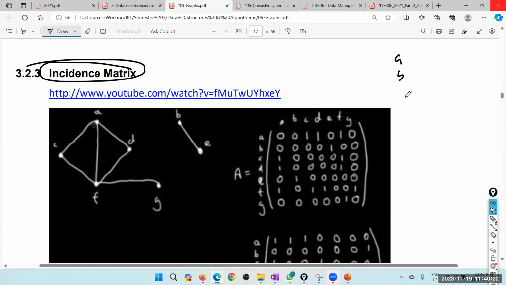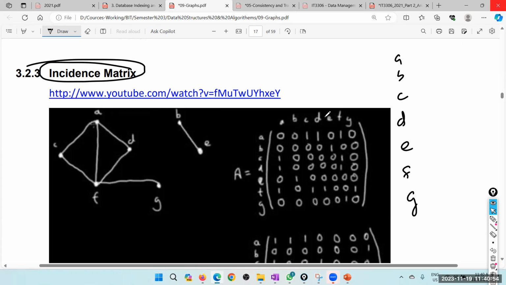A, B, C, D. Remember, this is also part of it. It's not connected. That is fine. E, F, G. Okay. So then each edge is a column. Each edge is a column. So the number of rows is the same as the number of vertices. The number of columns is the same as the number of edges.